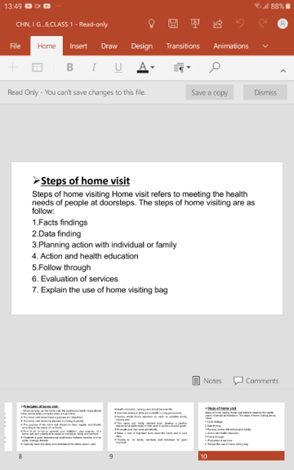Then planning action with individuals or family. Once you keep on giving good communication, they will tell their health issues, and according to that we will plan and take the implementation, deciding what services we can give to the people. Then action and education, where we implement and give health education to the appropriate members in the family.